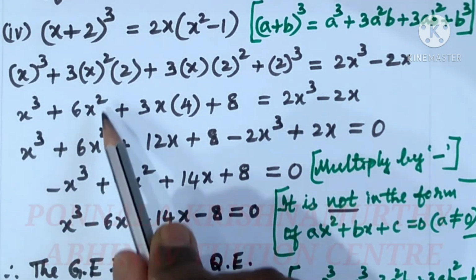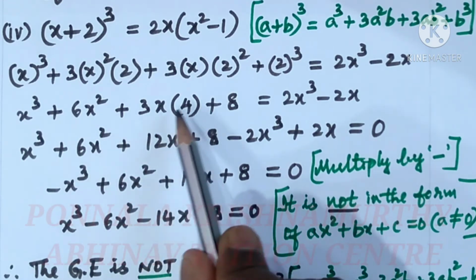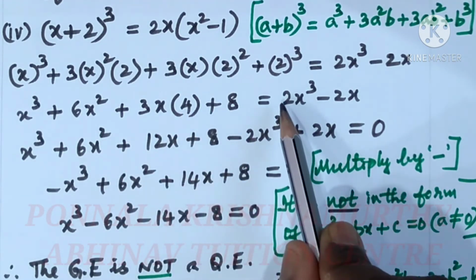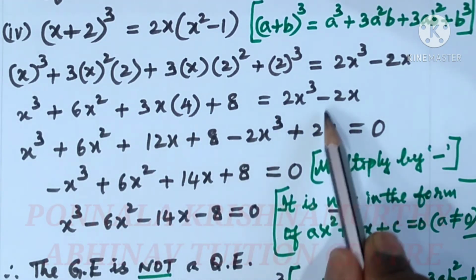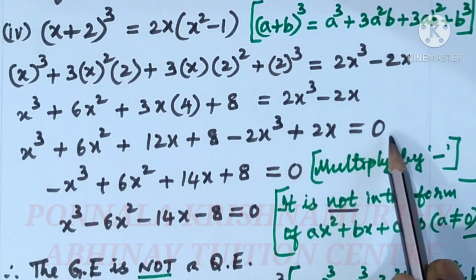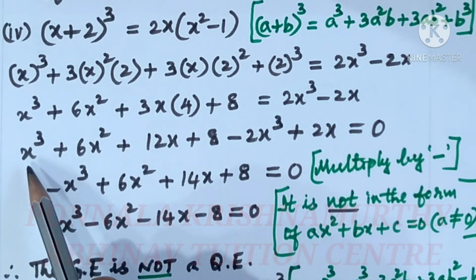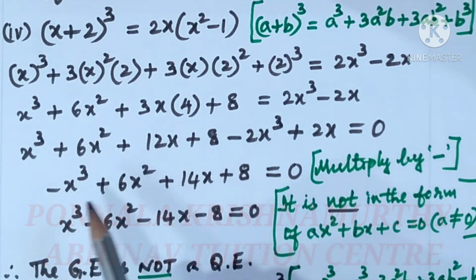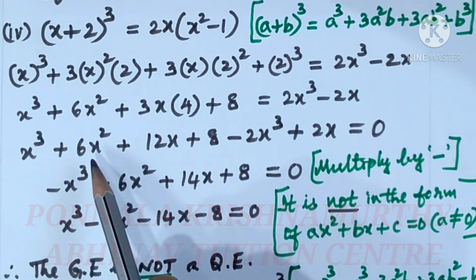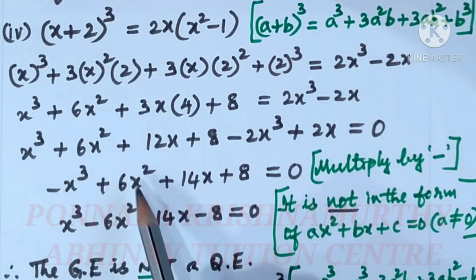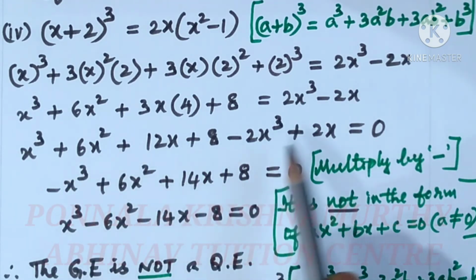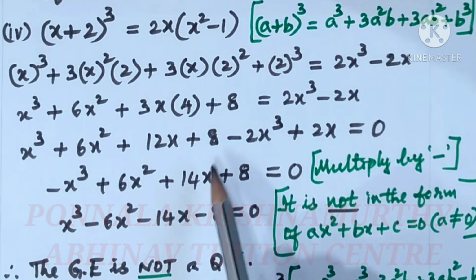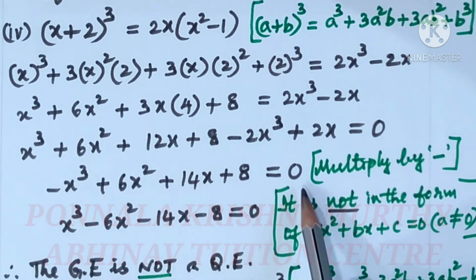Now x cube plus 6x square plus 3 4 is 12x plus 8 minus 2x cube plus 2x is equal to 0. Now x cube minus 2x cube, different sign, subtraction, bigger number sign, minus x cube plus 6x square plus 12x plus 2x, 14x, plus 8 equal to 0.